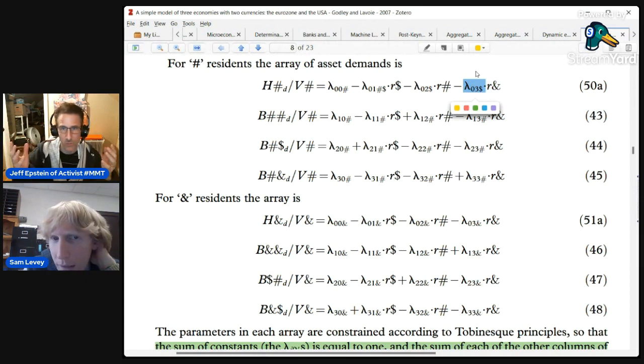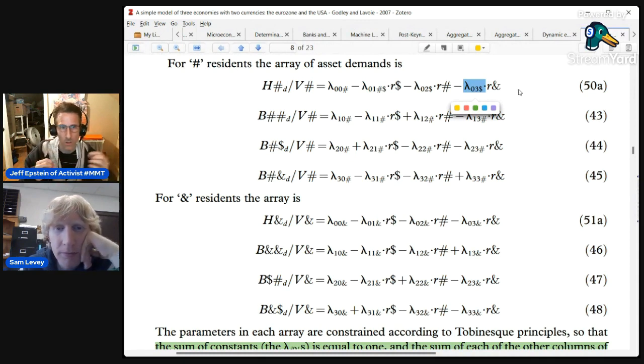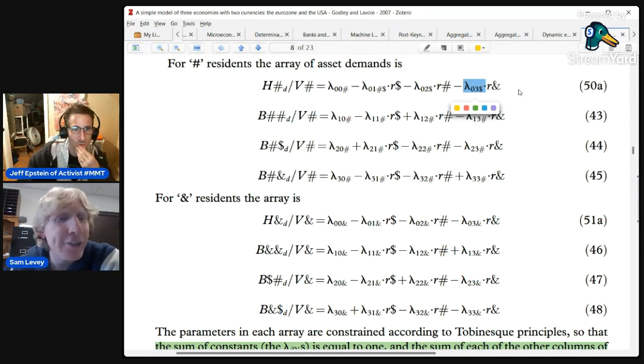Just by nature of Greece being less powerful than France, being less powerful than the US, the numbers are going to reflect that. I'm going to want more of the US, a little bit less of France, and less of Greece. So those coefficients will decrease just by nature of the real world state of these countries. You definitely could put that into your model if that's what you're trying to model.